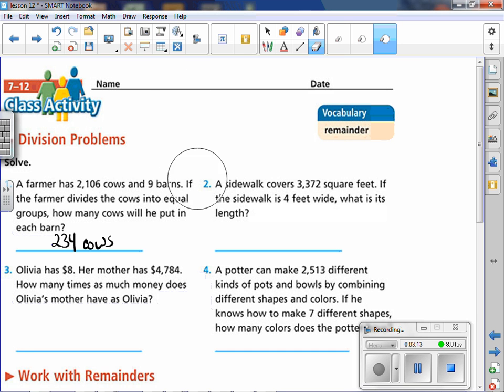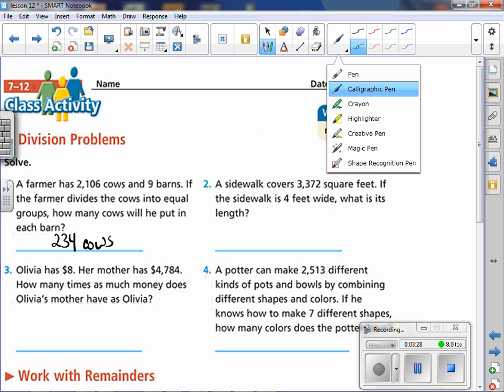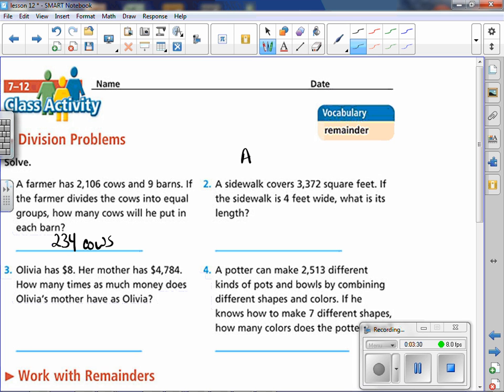A sidewalk covers 3,372 square feet. If the sidewalk's 4 feet wide, what is its length? So it's like saying we have the area and we need the other unknown. So if you remember, area's formula is area equals length times width.